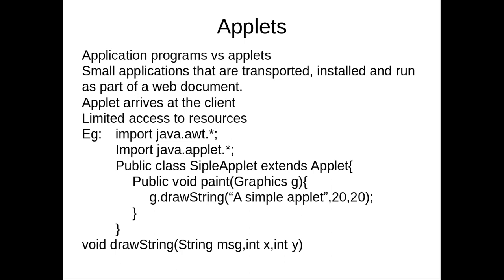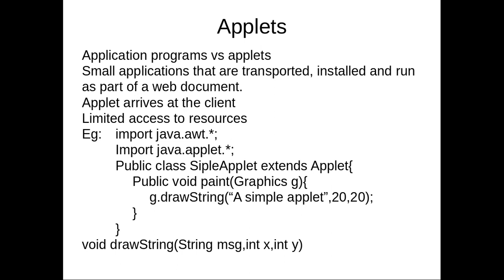Here, g.drawString, at the end the method signature is given: void drawString(String msg, int x, int y) means drawString will draw a message at location x, y. The x coordinate and y coordinate are given.